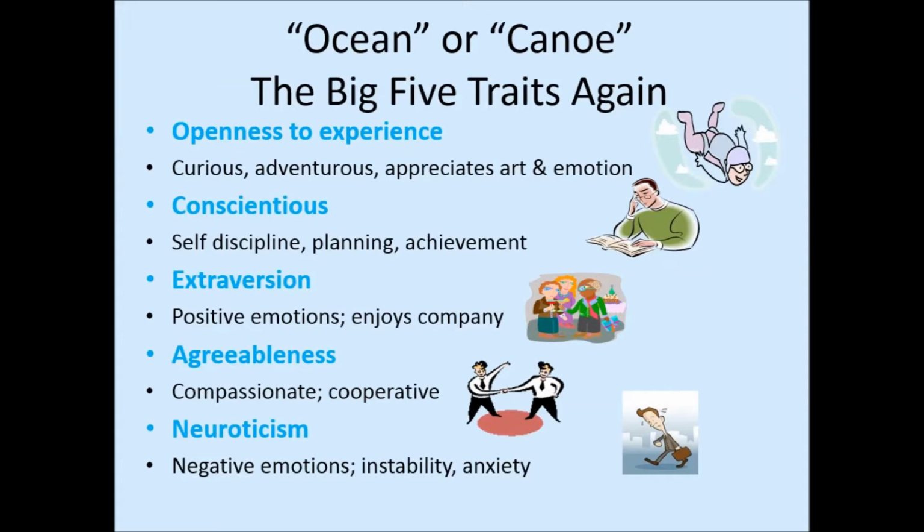E, extroversion. Some people are more outgoing than others, some people less so. A, agreeableness. Some folks have pretty good skills in terms of being able to get along with others, some folks not so much. And lastly, N, neuroticism, a tendency toward being anxious or depressed, being a bit on the nervous side as a person. Some people are more neurotic in style, if you will, and other folks more stable.